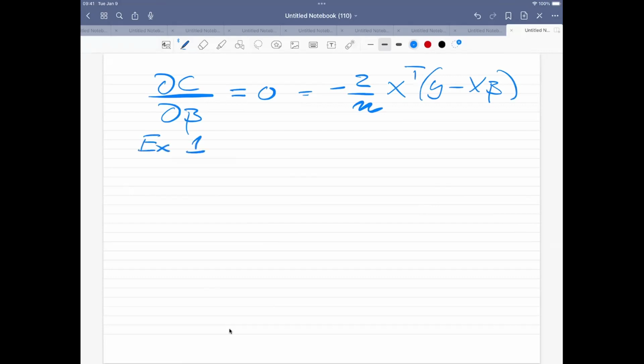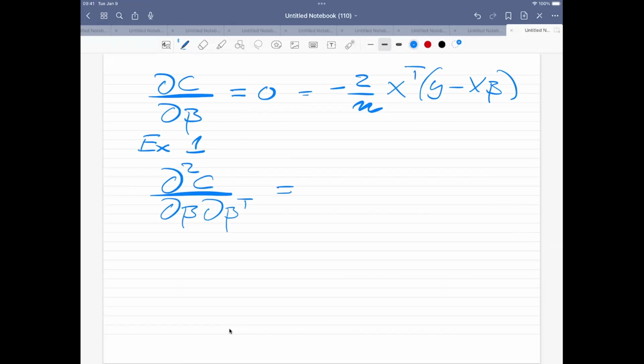In exercise 1, there is another quantity which plays an important role in all of machine learning. If I take the second derivative, and this is going to be a matrix, so I have a transpose here, and you're going to find this quantity in exercise 1 when you take derivatives.